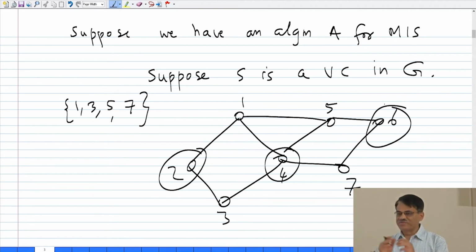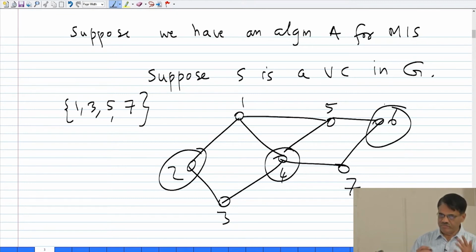So, here is the proof. Take the complement of the vertex cover, pick a pair of vertices, and suppose there is an edge. Who is covering that edge? S is supposed to cover every edge in the graph, so how can the complement have an edge?